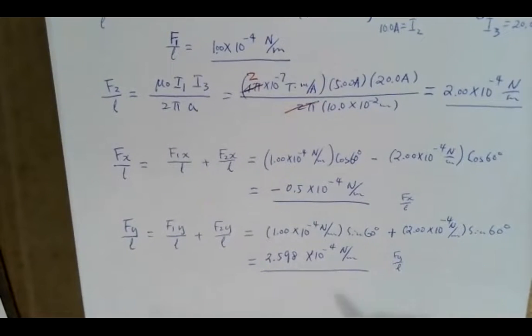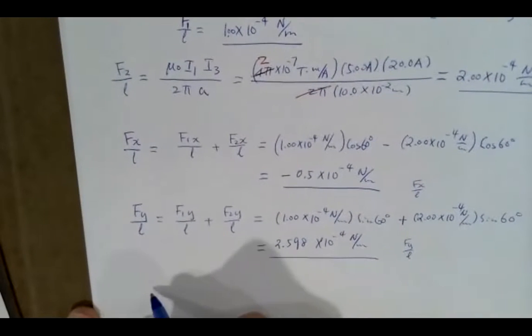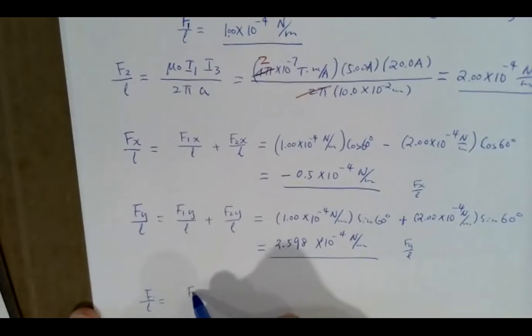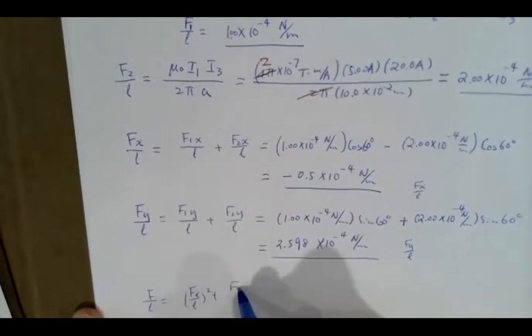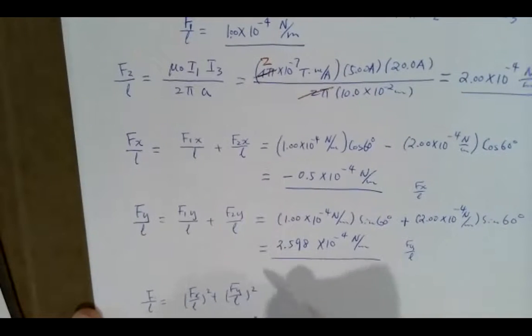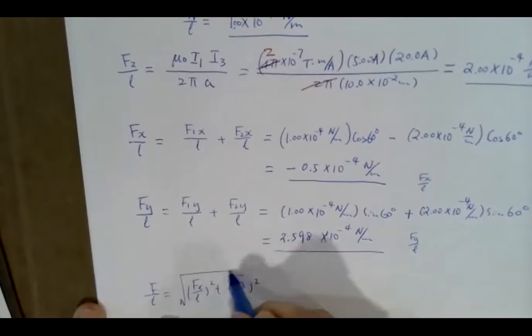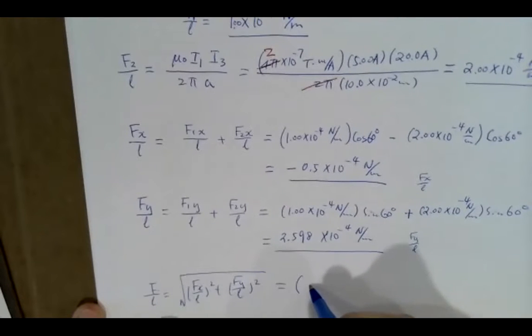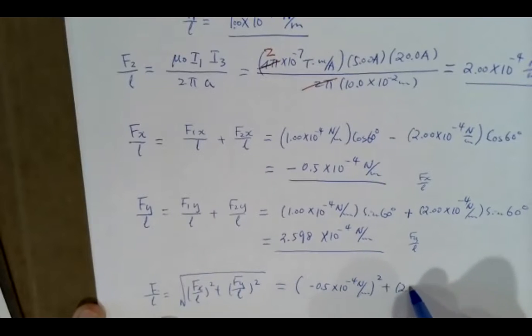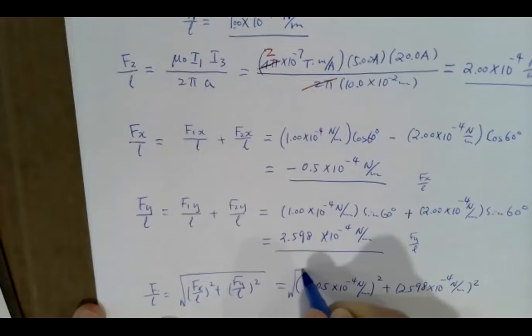Now, for the magnitude, the total magnitude will be your x component squared plus your Fy per unit length squared, and then take the square root of it. So minus 0.5 times 10 to the minus 4 squared plus 2.598 times 10 to the minus 4 squared, square root.